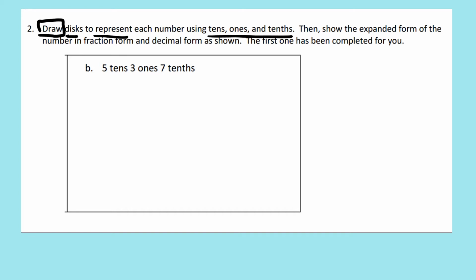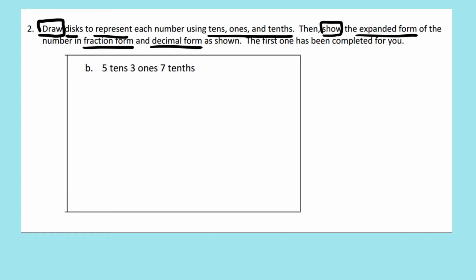Then show the expanded form of the number in fraction form and in decimal form as shown. So I need to show expanded form in fraction form and decimal form. The first one has been completed for you on your homework for you to look at. This is an additional example.